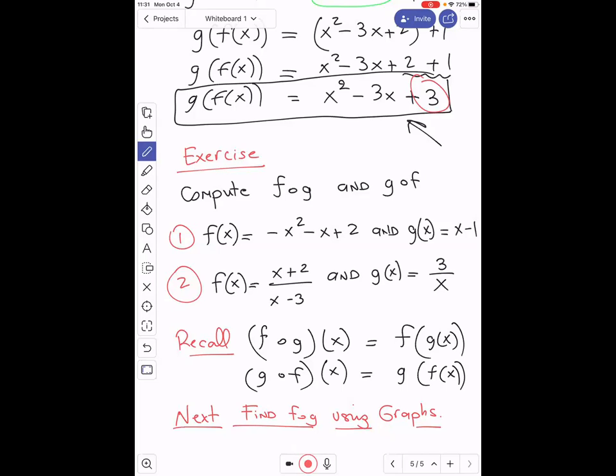So for number 1, do you mean x minus 1 squared?